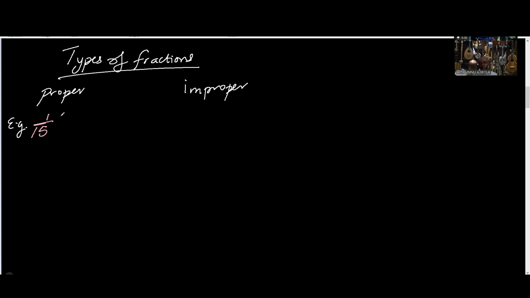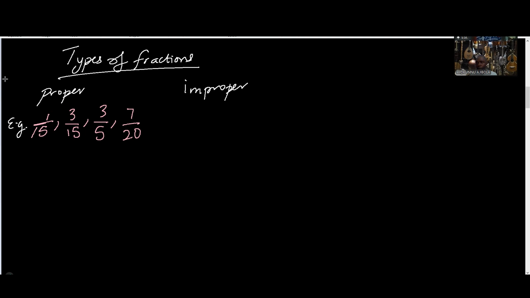That's proper, yes or no? Yes. Good. Another example could be 3 over 15 or 3 over 5. Or we can say 7 over 20. So when you have a smaller number at the top and a bigger number at the bottom, it's proper. Okay?